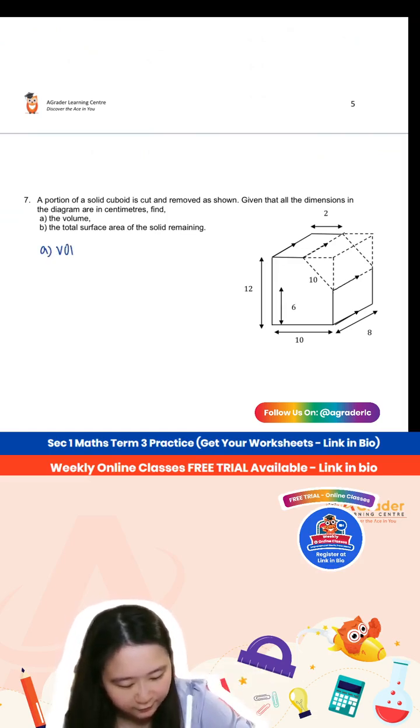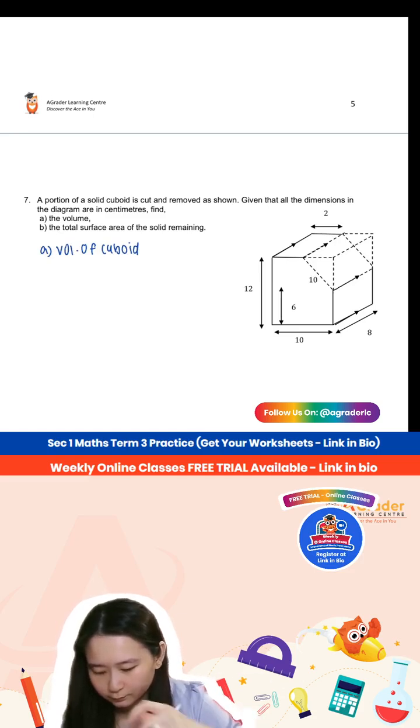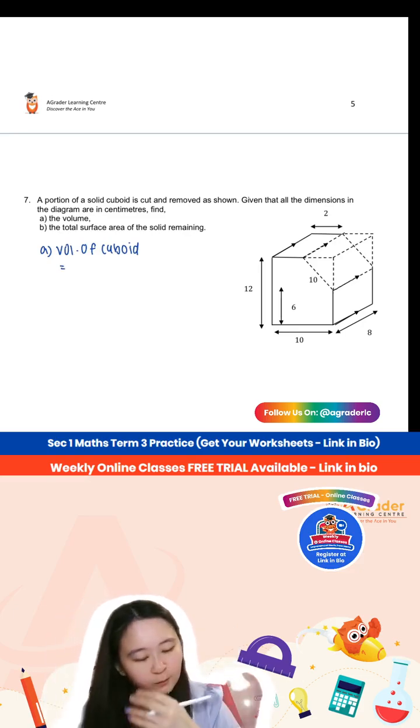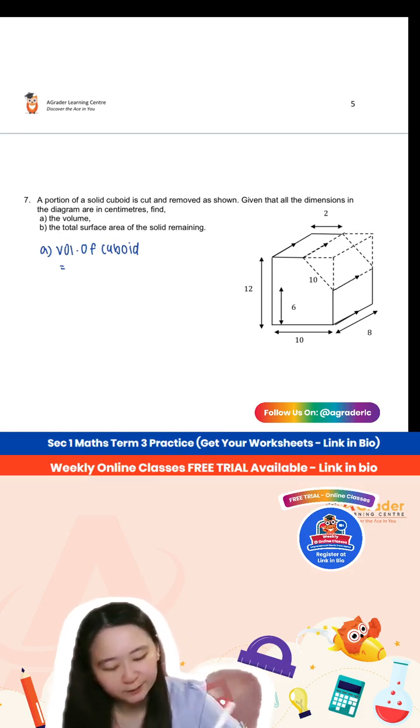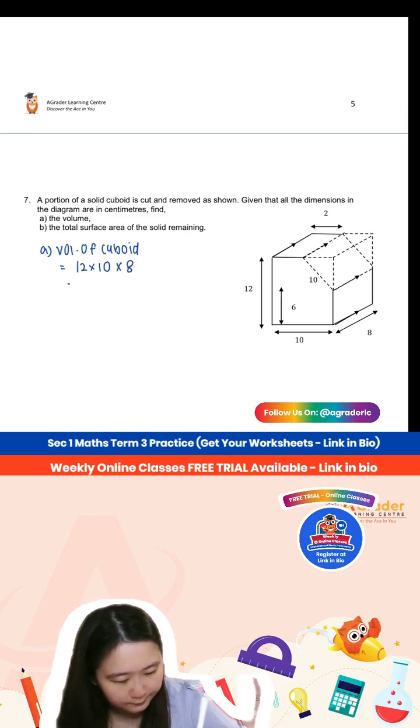So we find the volume of the cuboid. Volume of cuboid, length times breadth times height. So 12 times 10 times 8.